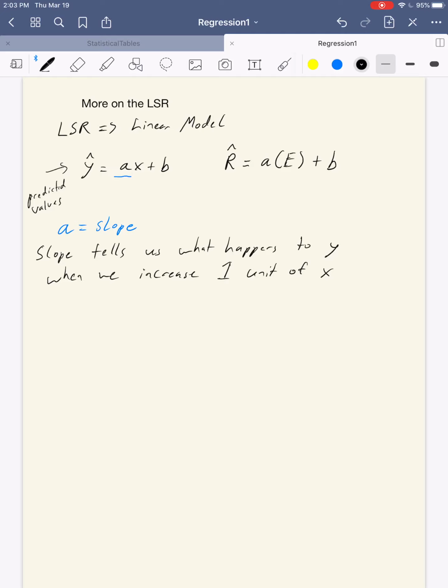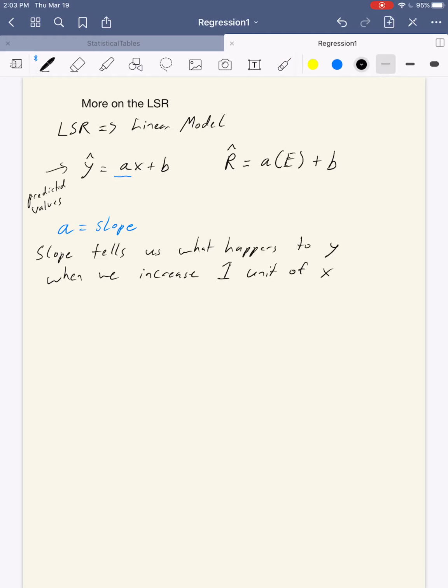So what the slope is there for is to tell us, as we increase by a single unit of whatever x is, what happens to y. You probably remember that from algebra classes, that concept of rise over run. This is just saying that in words here.